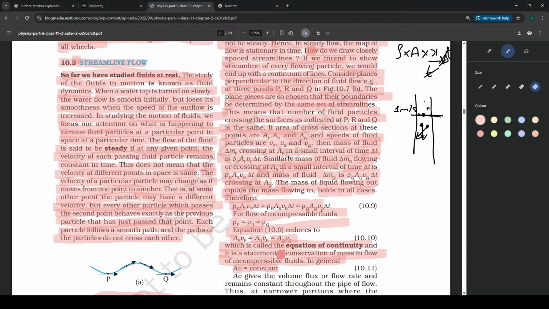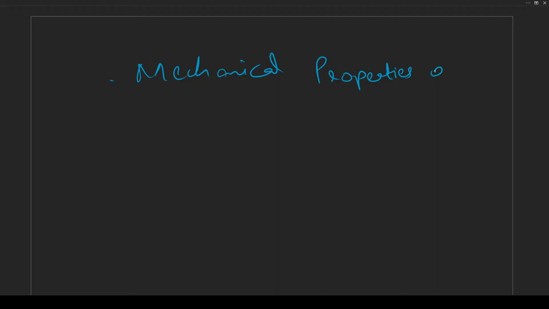Okay, it is kind of okay to derive. Let's try deriving it then. Mechanical properties of fluids.